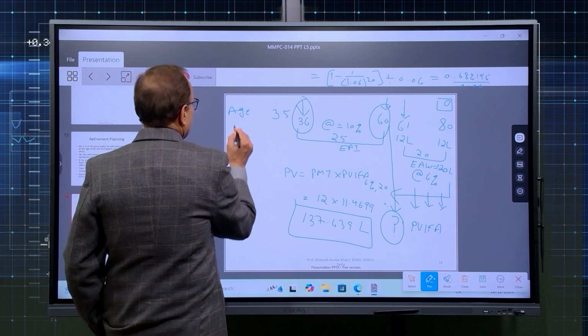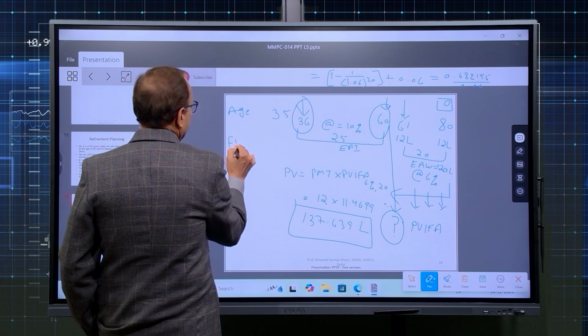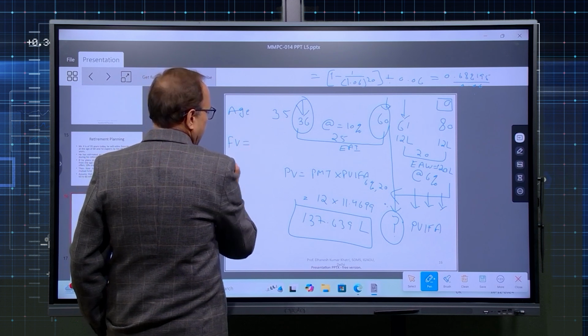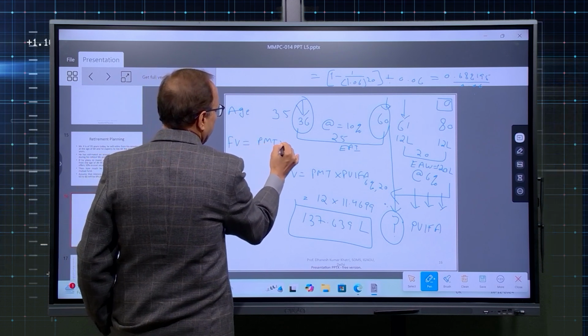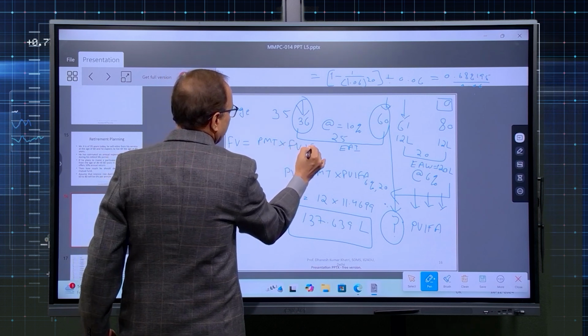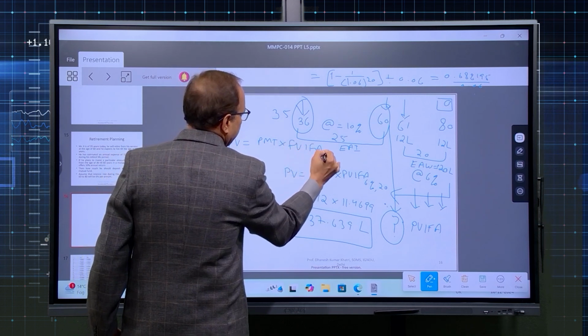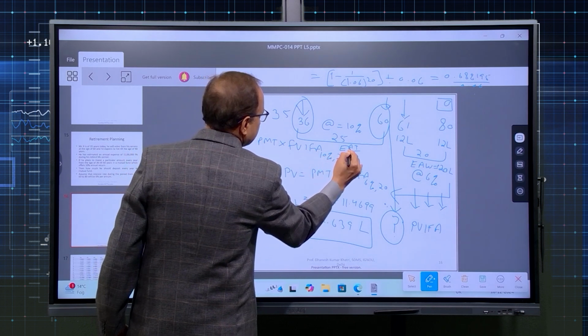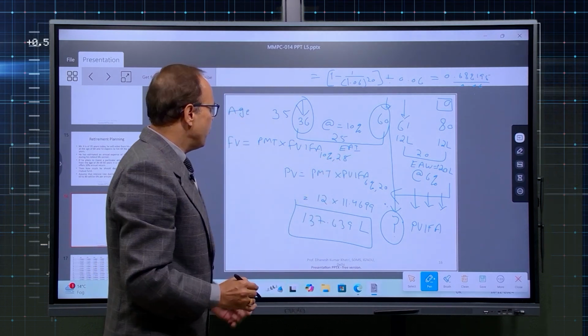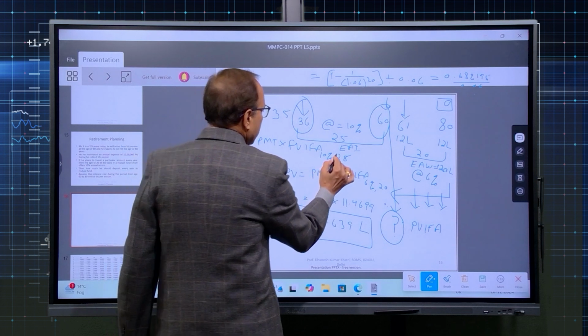So, again, future value of an annuity is equal to PMT, the annuity amount, multiplied with FVIFA at a certain rate. In this case, it will be 10%, because he is expecting a 10% return for 25 years. So, remember, this is 25.